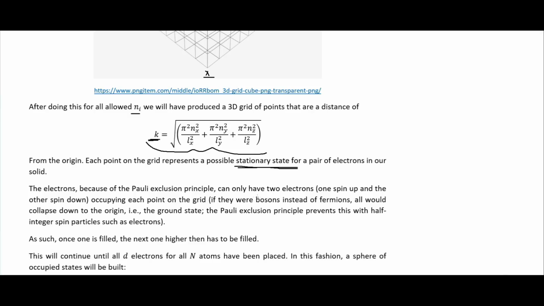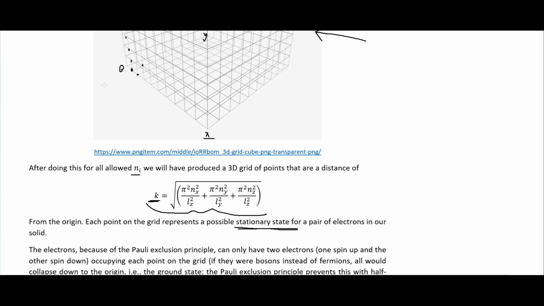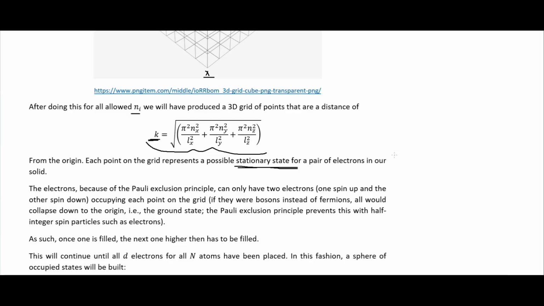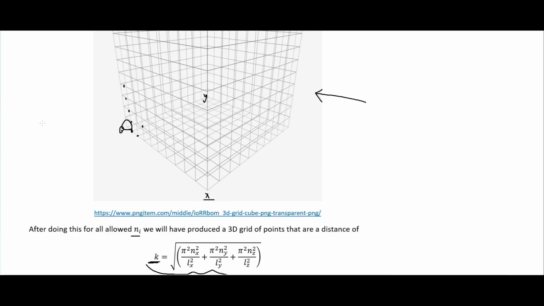And I'm saying here also that if these were bosons, they would all collapse down to this ground state right here because they can all occupy the same space. But since we are using fermions, which are spin half and have that antisymmetric spin, once we put 2 in this ground state, then we have to put 2 in each of these other states around it.